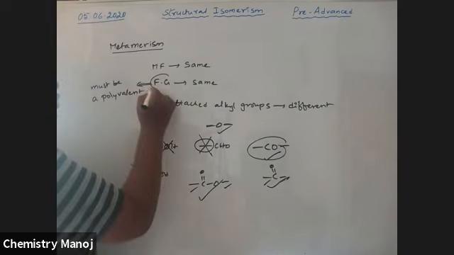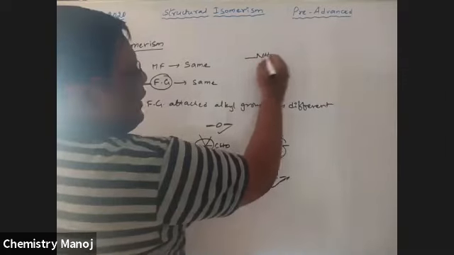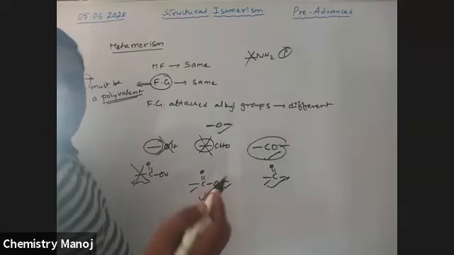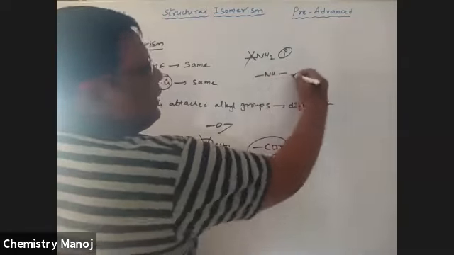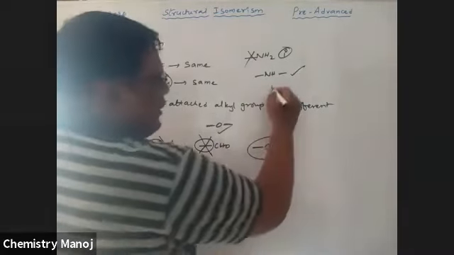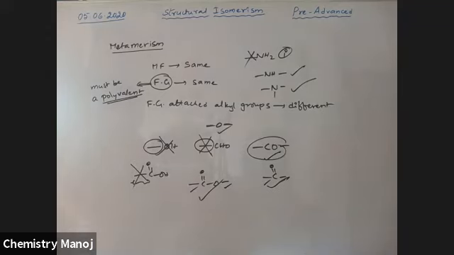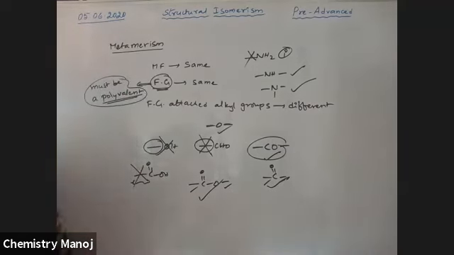For example, primary amine NH2 does not exist, but secondary amine NH is possible. Tertiary amine N has 3 free valencies, so it is possible. Please read, I am explaining it. The functional group must be polyvalent, with more than one free valency.